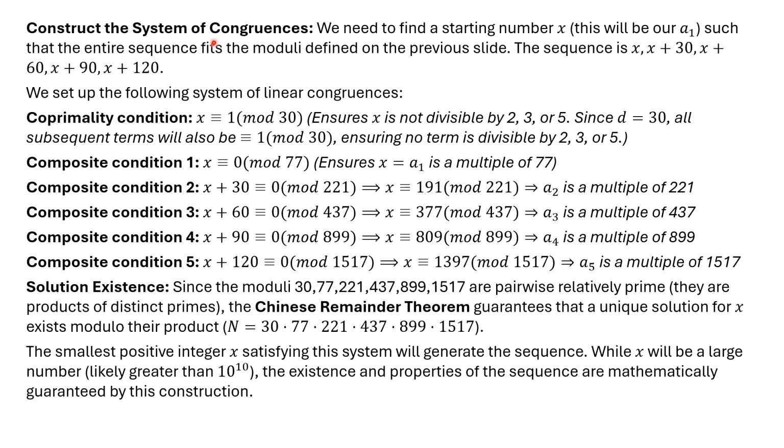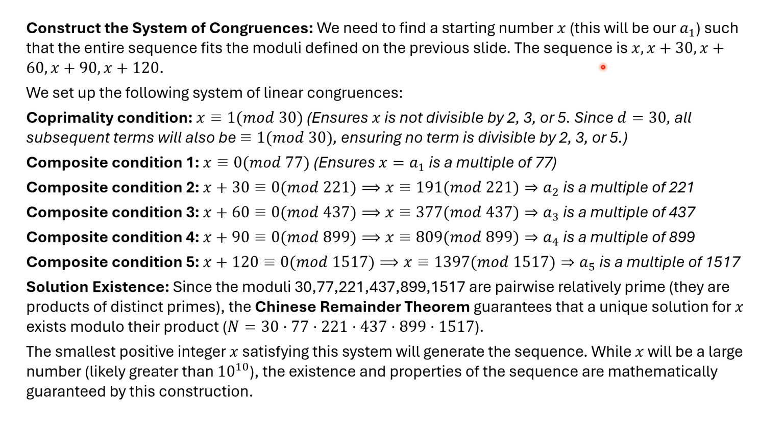Okay, as I said, we're going to construct the congruences for the Chinese remainder theorem in this slide. We need to find a starting number x. This will be our a sub 1, such that the entire sequence fits the moduli defined on the previous slide, the different n sub i's. And then our sequence will be x, x plus 30, x plus 60, and so on.